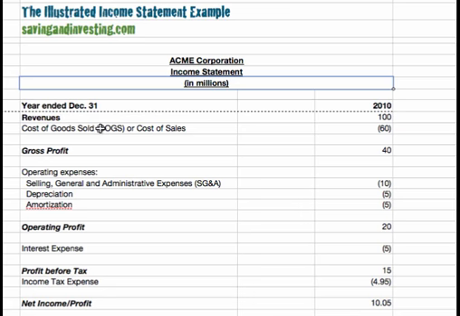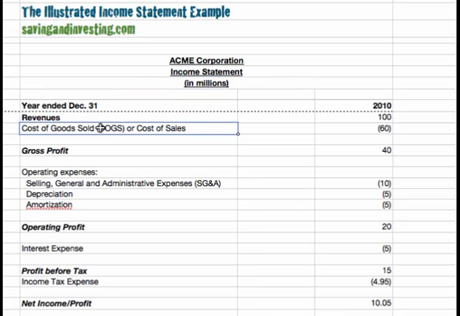From that we subtract what's known as the cost of goods sold, which are those costs that are directly attributable to those products or services that are provided. In the case of a manufacturing company, for example, that would be the material costs, also what's known as direct labor, and overhead costs. Basically those costs that can be attributed directly to the units in question.